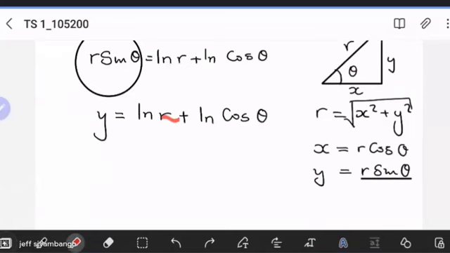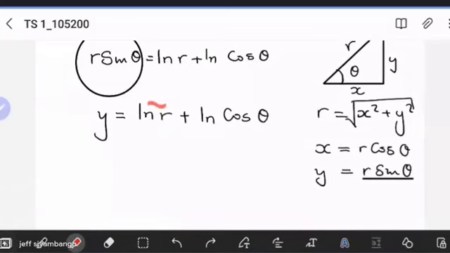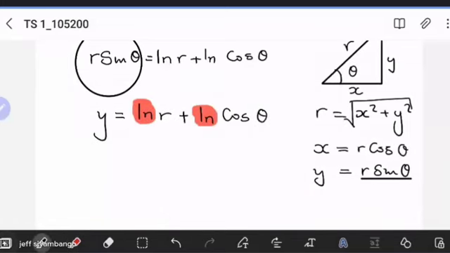Well, the r and the theta here are separate. But we observe that we do have a log here. So what should come to your mind here are properties of natural logs.